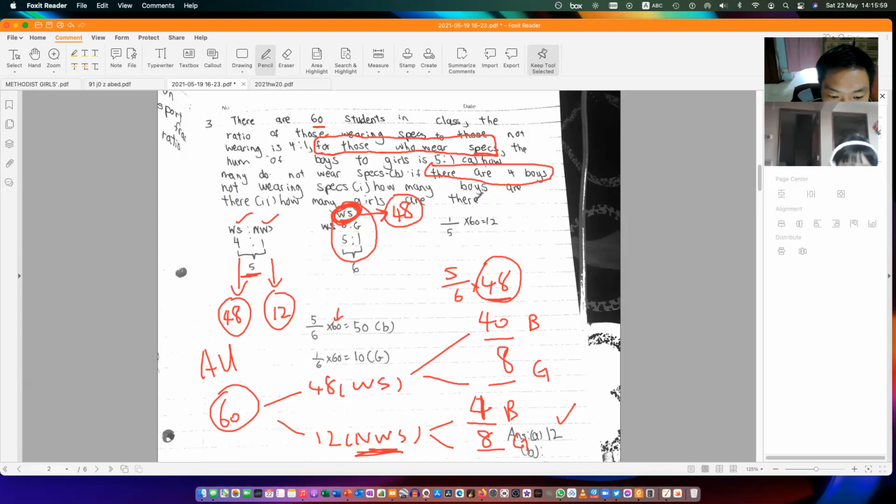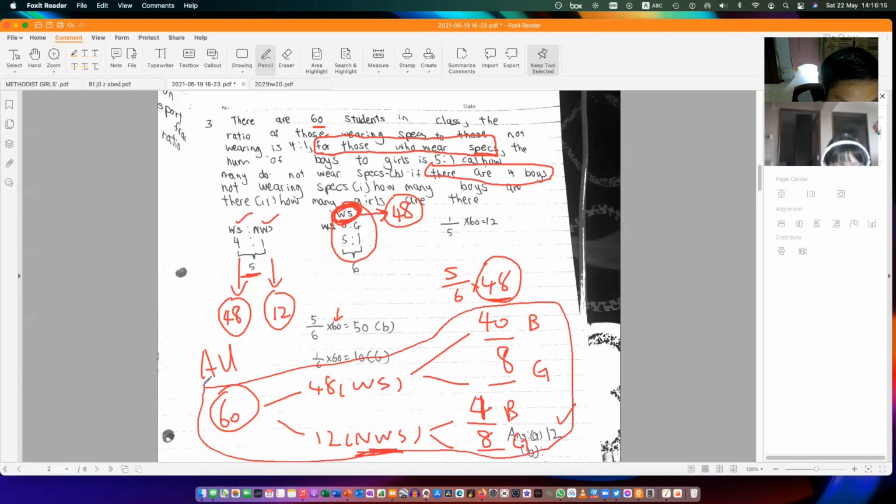So how many boys are there? You look at the branch. Just look at this branch. Circle the boy. Can you see or can you not see?